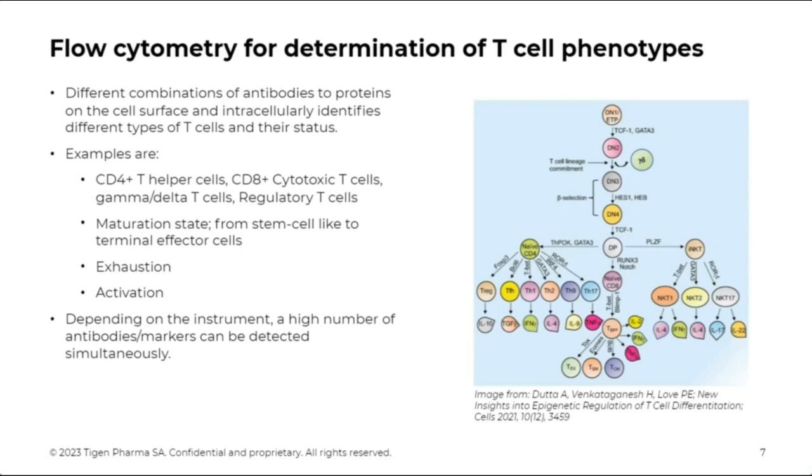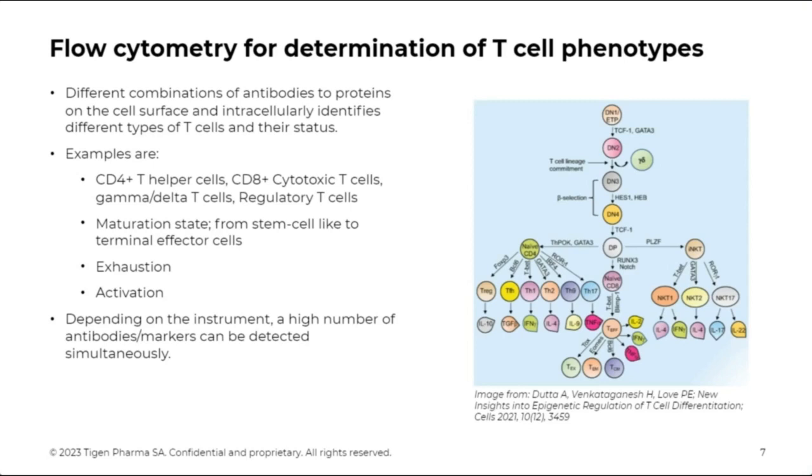In addition to that, we can also determine their maturation state. The maturation state is what age they are, for example. So we look at them from stem cell-like cells to terminal effector cells. If we would compare this to humans, it would be from infant up to old retired person.